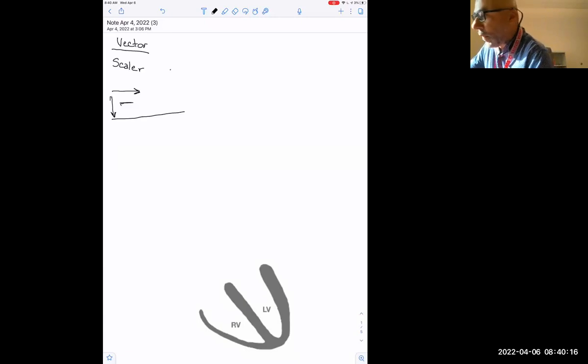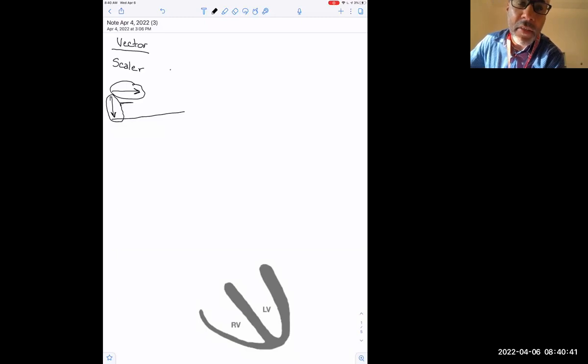So let's say here we have two different vectors. We have a vector going left and we have a vector going down. And we wanted to know the general direction that both of those vectors were pointing in. Then we use something called vector addition.